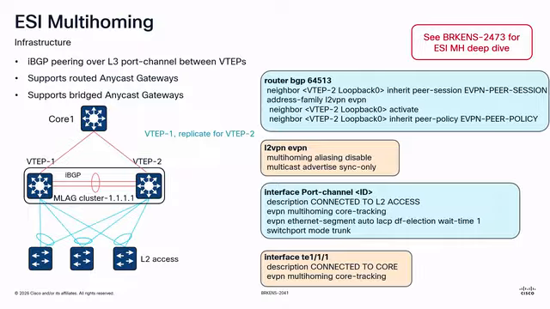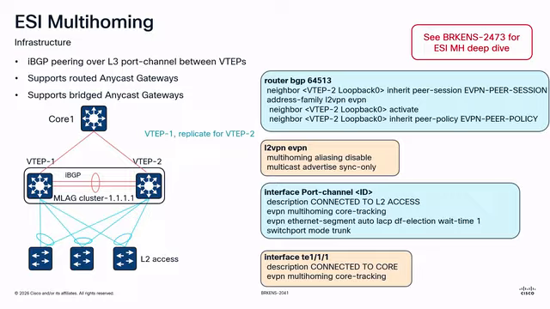When you're configuring multi-homing, typically you will do it for distribution switches. So you would need to have a direct L3 link between these distribution switches, and you will run an additional BGP session between these VTEPs. They will form a cluster, if you wish.